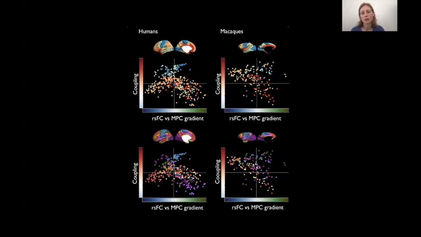And when you compare this to macaques, you see that this quadrant that is also uncoupled, that has this high default mode, frontoparietal or heteromodal network, is nearly empty in macaques. And the same holds true if you compare it here. You see also that the default mode network largely fills, and also some frontoparietal control network fills, this uncoupled organization that is highest in function in humans, but not in macaques. As you see here, it's still empty.